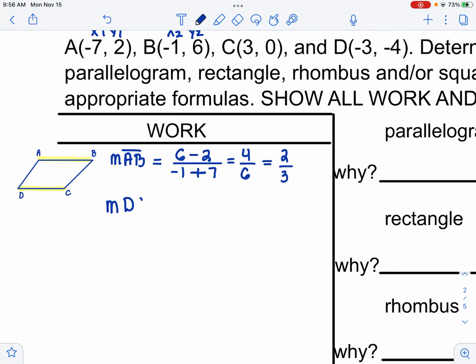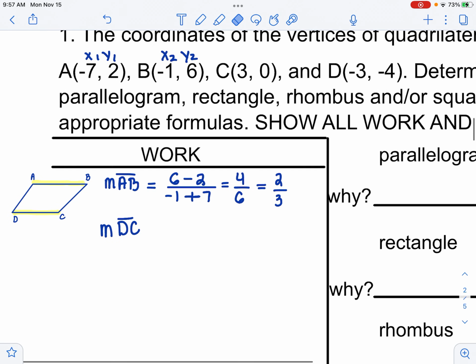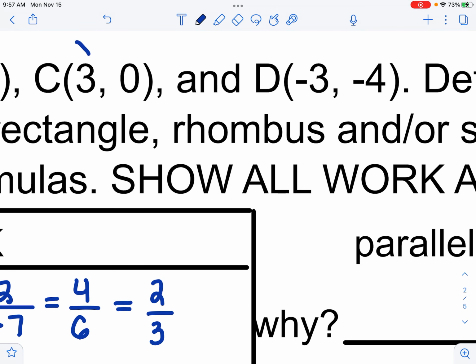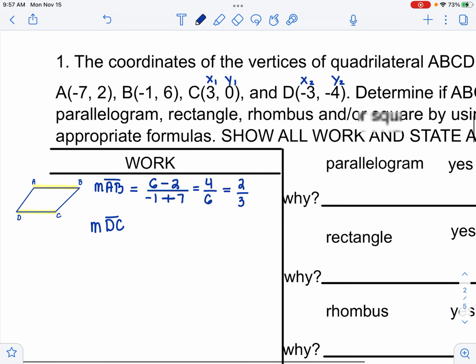Now we're going to do the slope of DC. I'll get my eraser out. I'll erase x1, y1 there so I don't get confused. And then I'm going to use D and C. It doesn't matter which one's x1 and which one's y1, right? You could have D first or C first. I like to go left to right, so I'm going to go 1, 1, 2, 2.